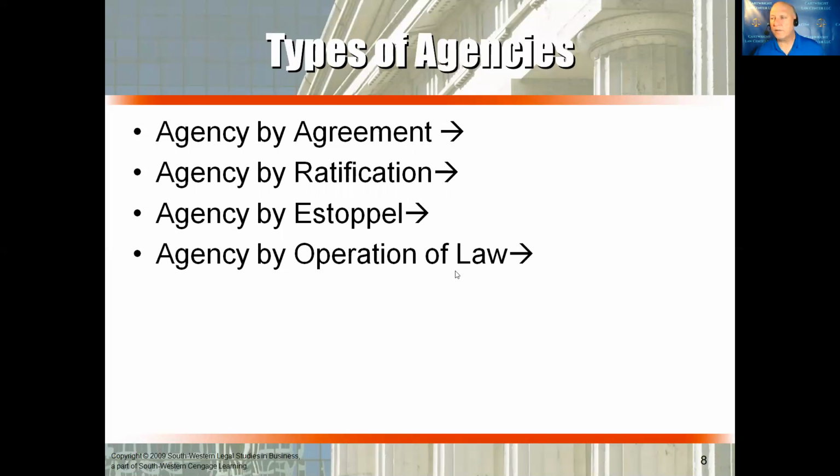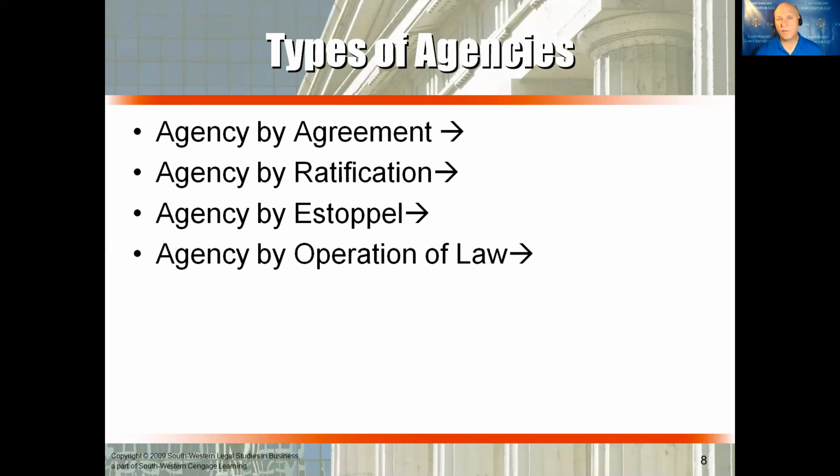Now, the next section is discussing different types of agency, and for purposes of exams, generally I don't try to say what kind of agency was this, what kind of agency was that. Instead, what I generally try to do is to identify or illustrate a hypothetical situation.